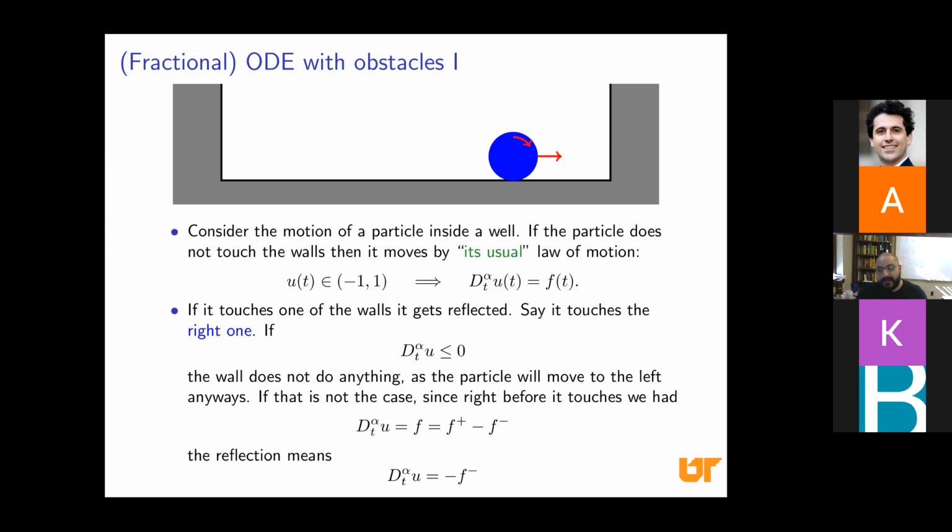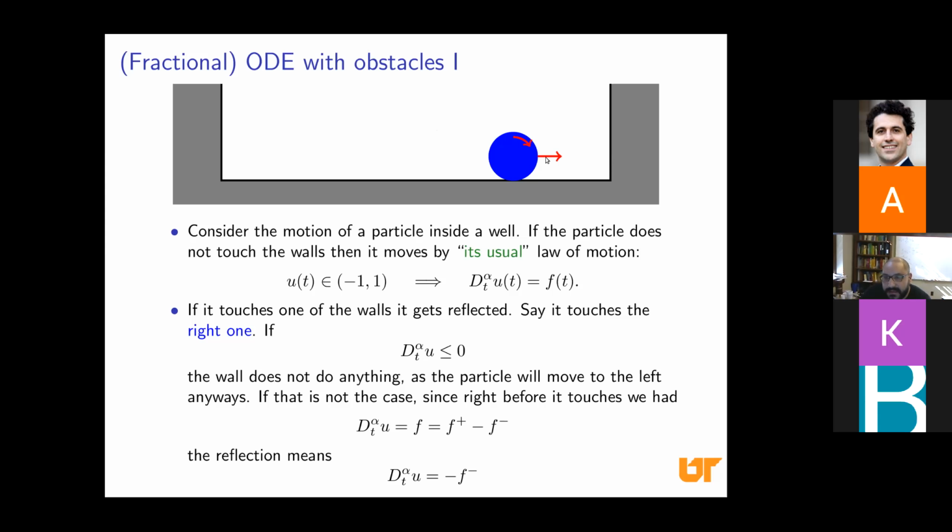Well, first, if for some reason, say you're a very good pool player and you put some English on the ball, then maybe it barely touches and by itself it's going to get reflected. So maybe its direction of motion is negative, then the wall doesn't need to do anything because the ball is going to move left anyway.